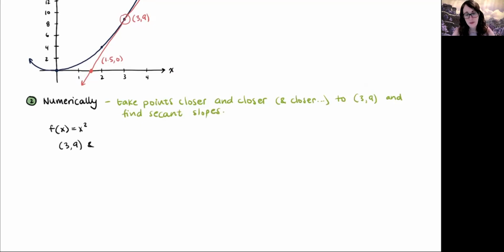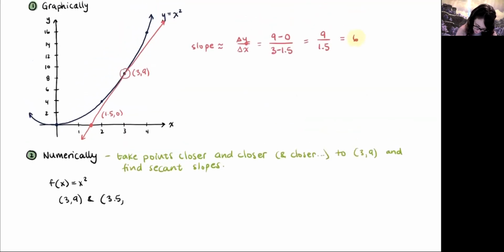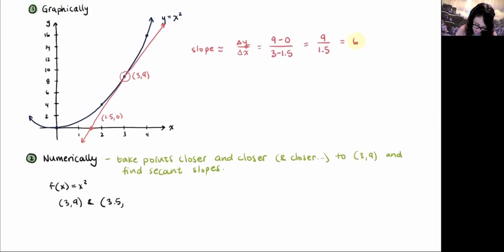The second point that we might choose, a point that's pretty close to (3, 9), might have an x value of, I don't know, 3.5. That's pretty close. If you look up on our graph here from the previous method, 3.5 on the x-axis would be here, and the point on the x squared curve is going to be right here.